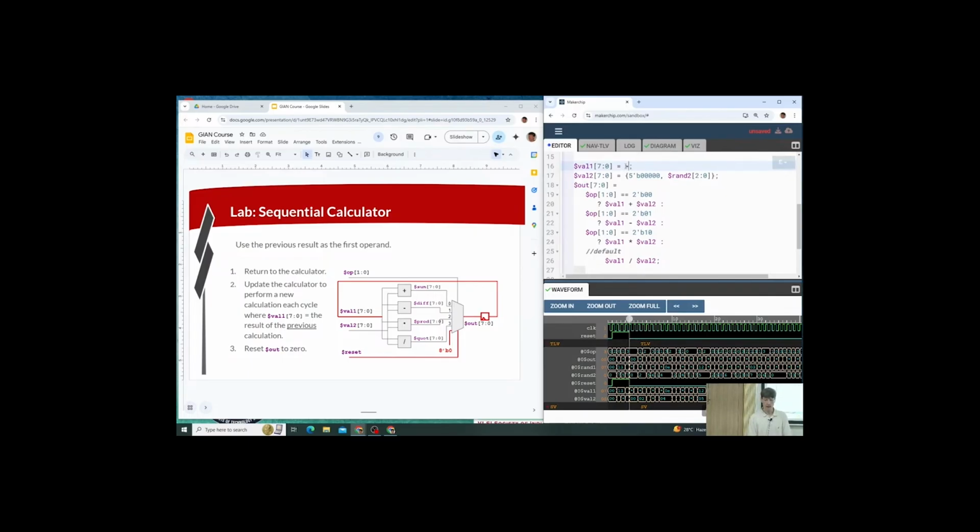Instead, I'm driving that with the previous value of out. Okay, it's that simple. That gives me the flip-flop. Many of you got rid of val1 altogether and just used previous out for all of these. That's fine too. Again, code it this way so we have the val1 signal to refer to later.